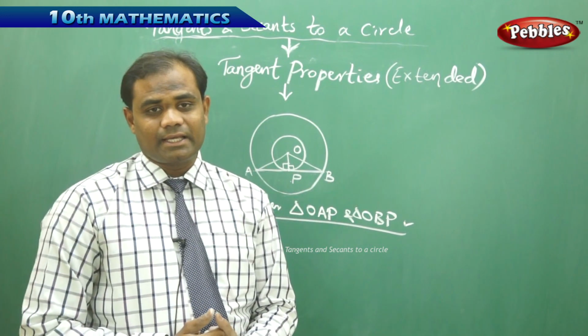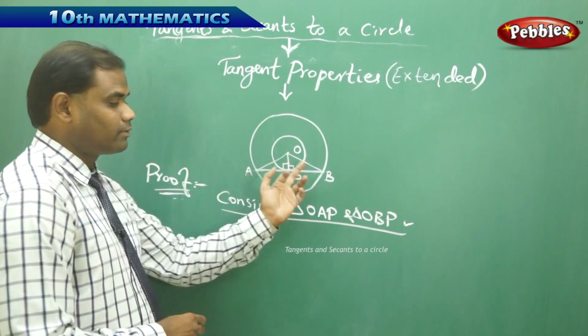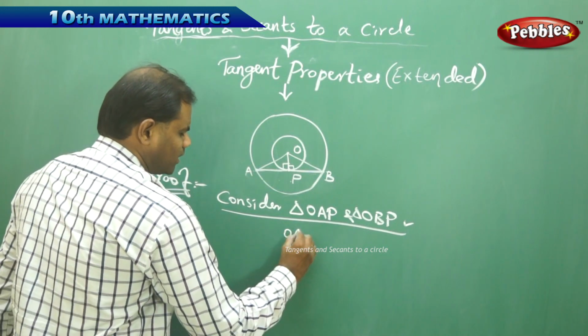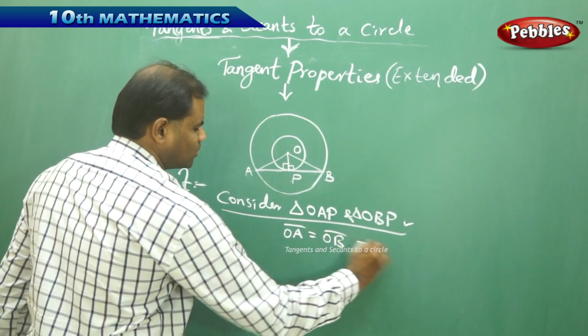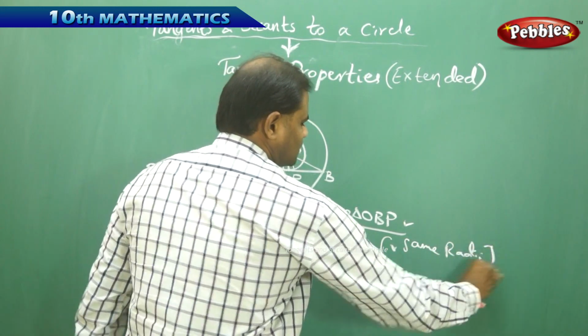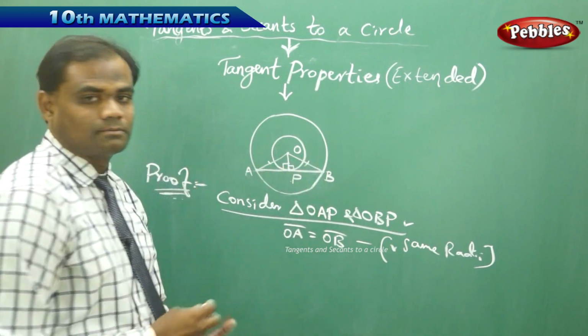By SAS or RHS congruency, I have these two triangles congruent. That is, if I start with OA is equal to OB because of the same radii, therefore this must be equal to this.